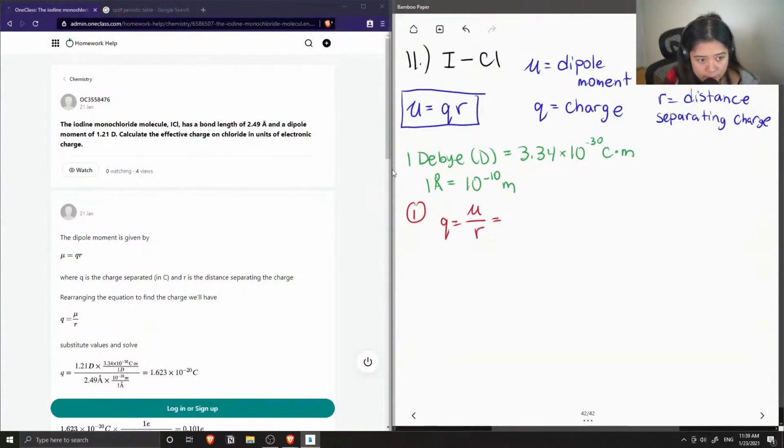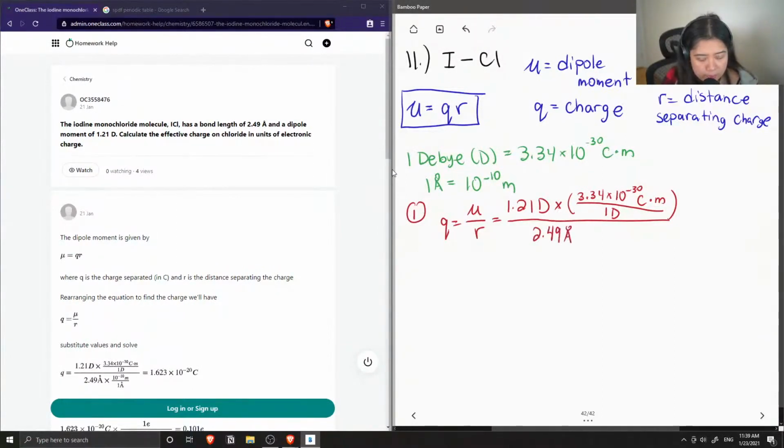So this is equal to 1.21 D, and then we multiply this by the conversion factor, where 3.34 times 10 to the negative 30 coulomb meters for 1 D. And this is all divided by the bond length, so this was 2.49 angstroms.